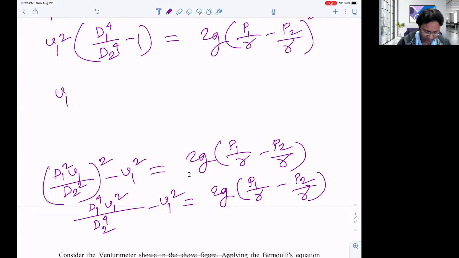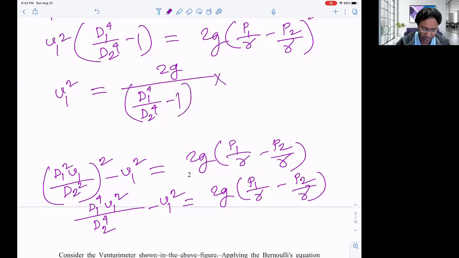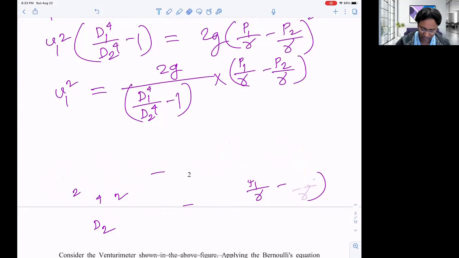So if I put now v1 square here, then I'll have 2g, and I'll have d1 to the power 4, d2 to the power 4 minus 1 here, into p1 over gamma minus p2 over gamma there. Since it is v1 square, I basically want to take v1.